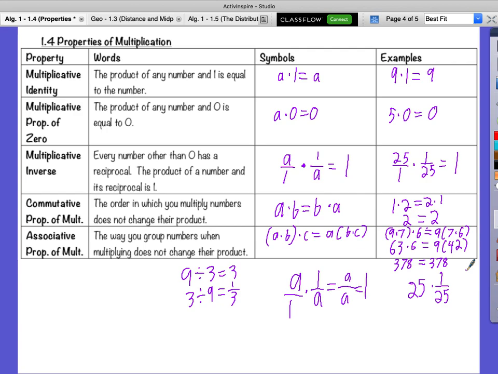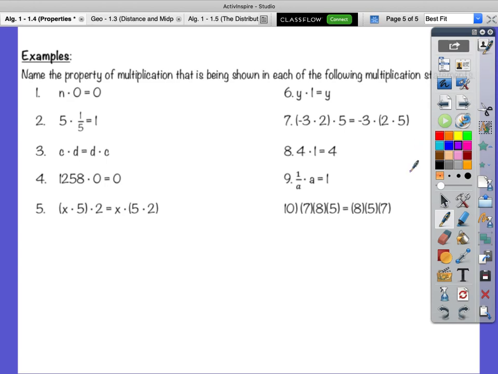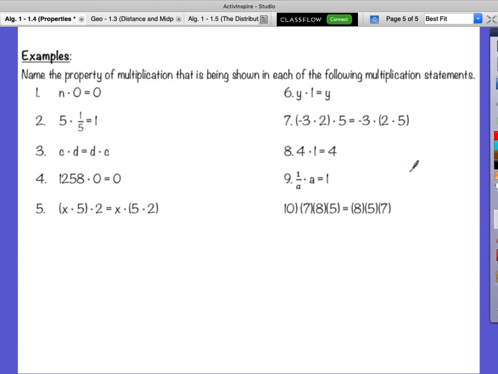Questions on that? Okay. Is this much different than what we just did with the addition ones? No. Okay, so let's flip the page real quick. Let's practice this.